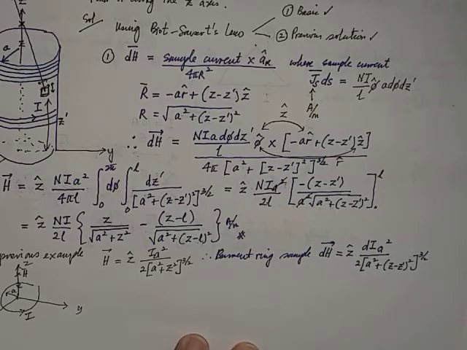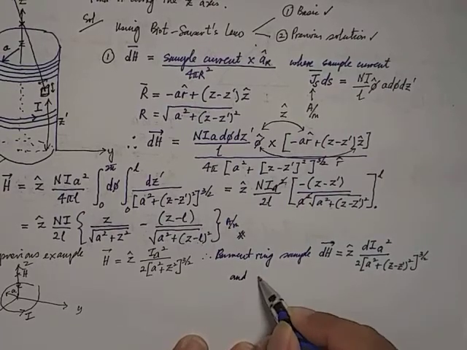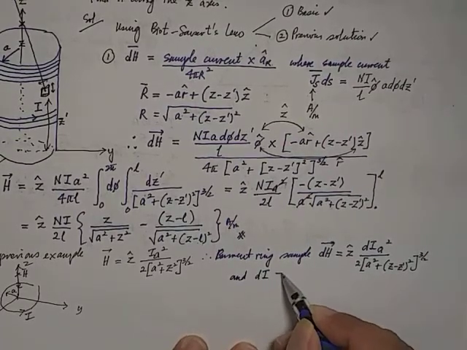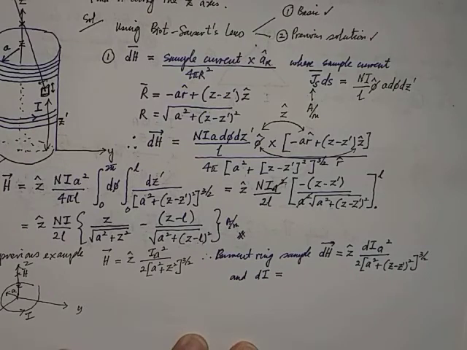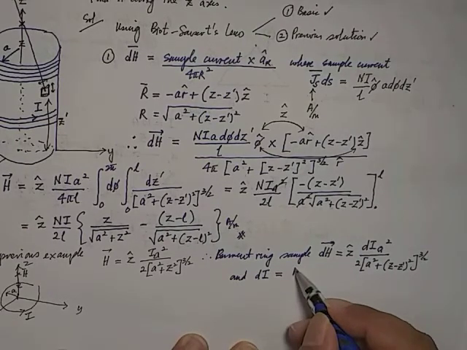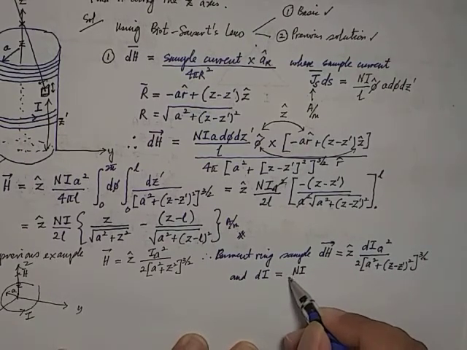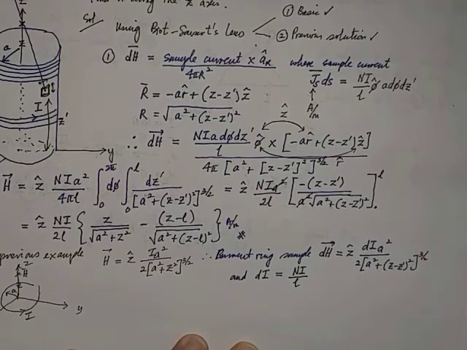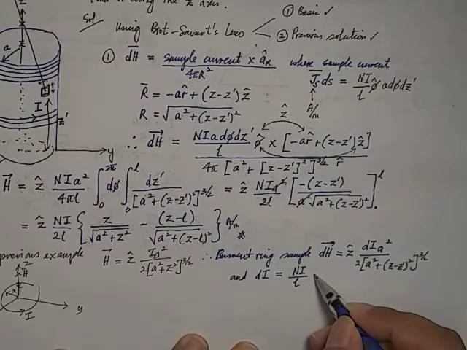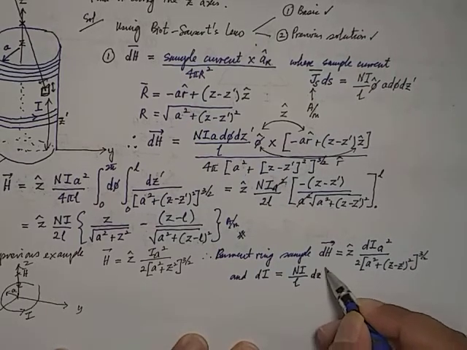Okay, so now, what about our dI now? My dI here is equal to, okay, so I'm going to say total current NI over L. But now, as I can see, the sample has height dz prime.